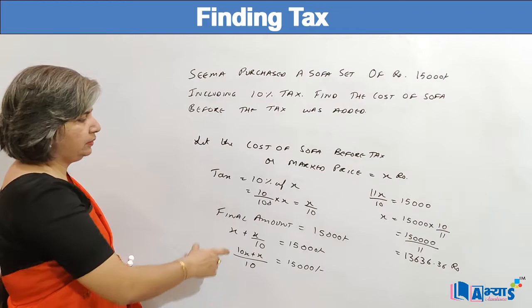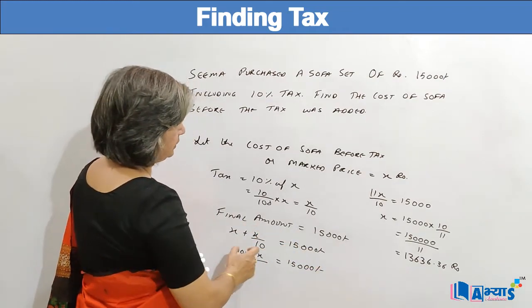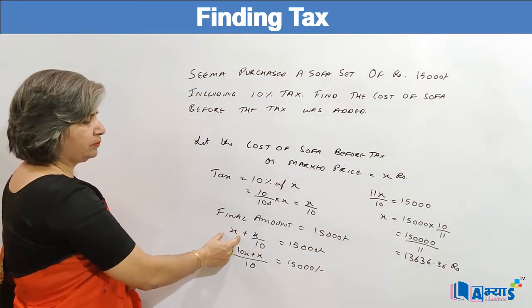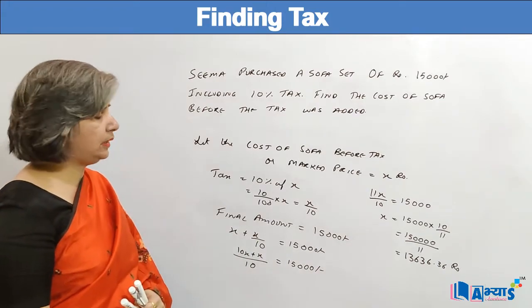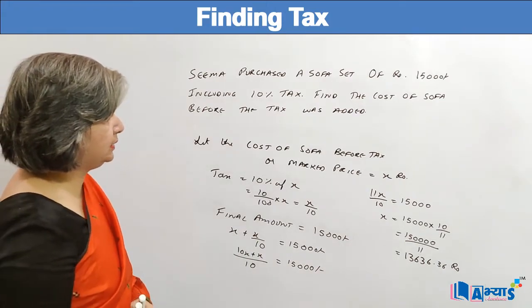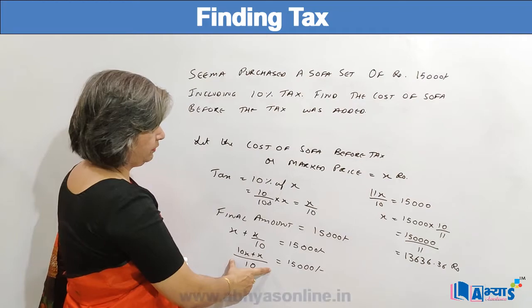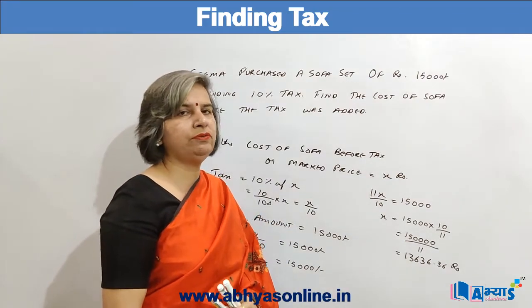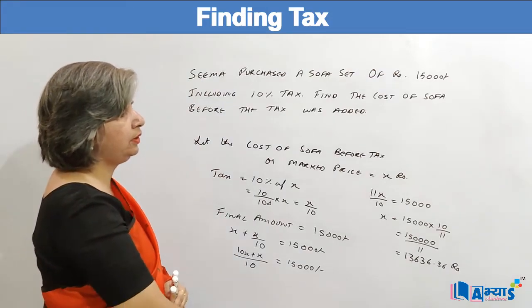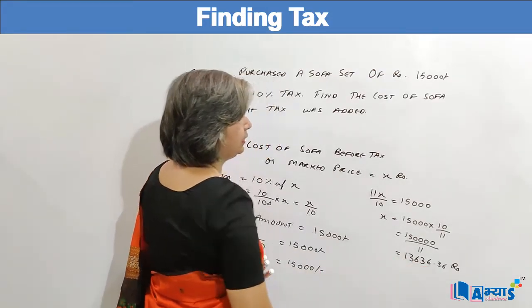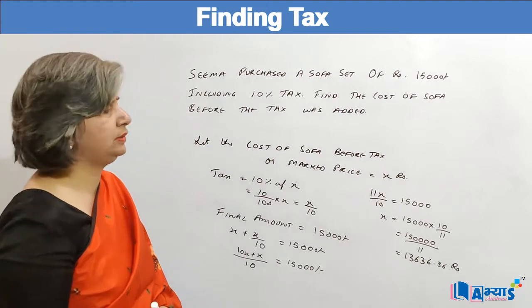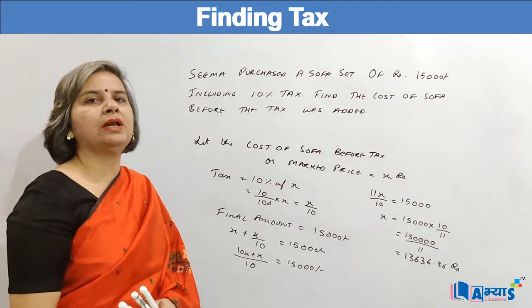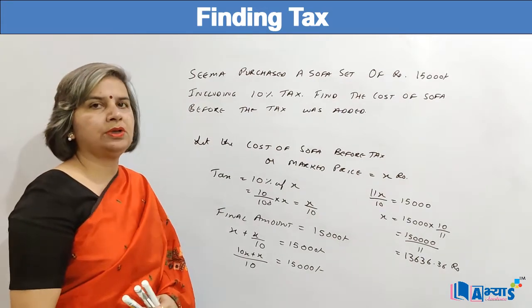The final amount was 15,000, that means X, the mark price, plus X upon 10, the tax, is equal to 15,000. On simplifying, we will get 11x upon 10 is equal to 15,000. So X is equal to 15,000 into 10 upon 11. On simplifying, I got the value as 13636.36. So this is how we can calculate the mark price when the total amount is given.